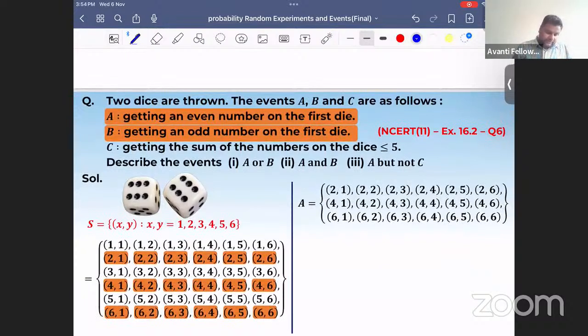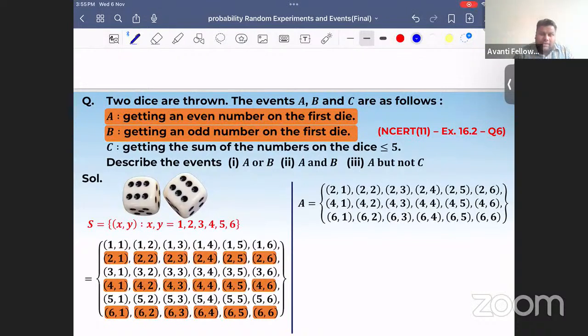Now see, two dice are thrown. Events A, B, C are as follows. A is getting an even number on the first dice. B is getting an odd number on the first dice. C is getting the sum of the numbers on the dice less than or equal to 5. So now it is very simple. Getting an even number on the first dice: the even number can be 2 or 4 or 6, and on the other dice it can be any number.